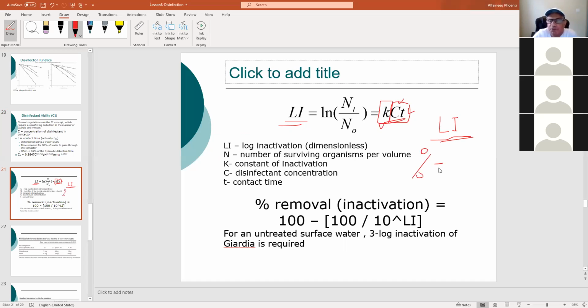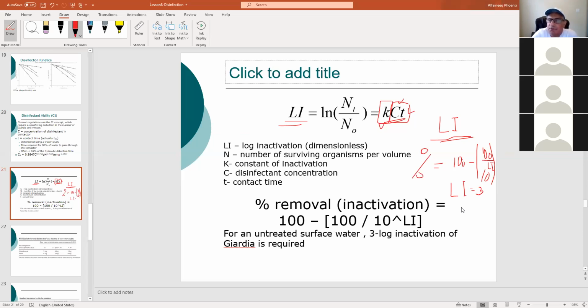Which is 100 minus 100 divided by 10 raised to this Li. This is in parentheses. So if your Li equals 3, what would be the inactivation here?